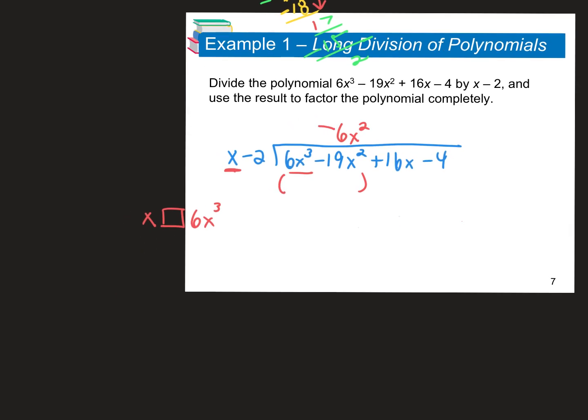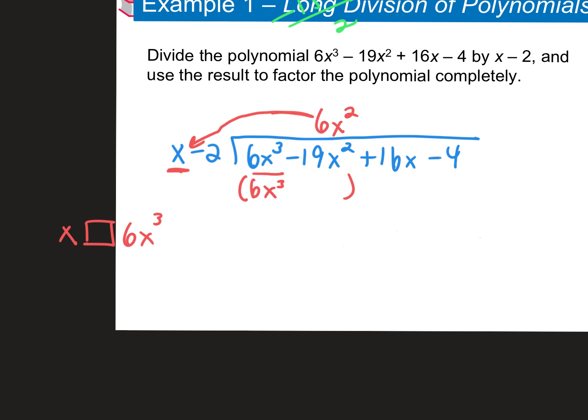I'm going to multiply 6x times x is what? 6x cubed. And then I'm going to say 6x times negative 2, and I get negative 12x squared. Now notice, guys, I put that in parentheses because this next step I have to subtract.